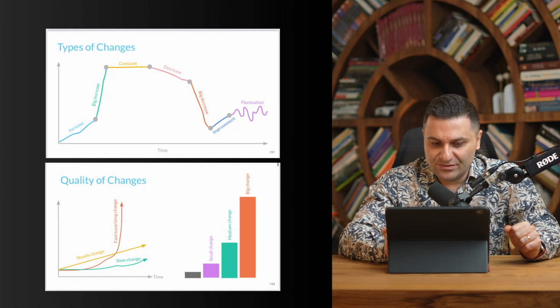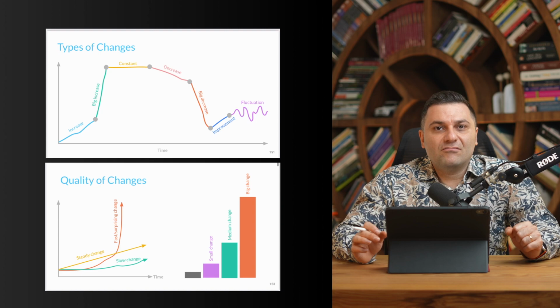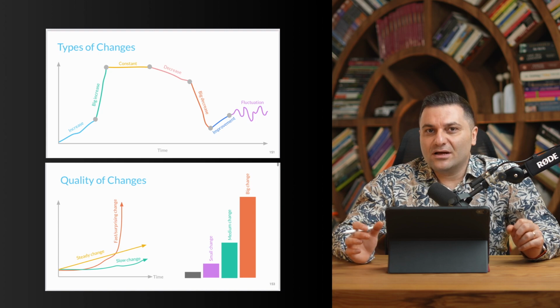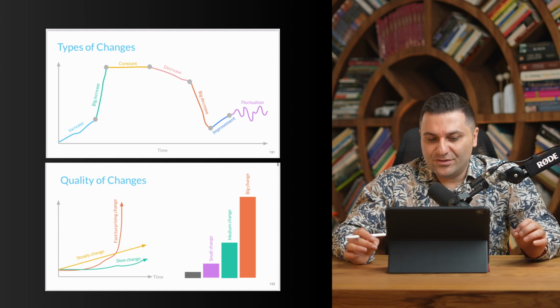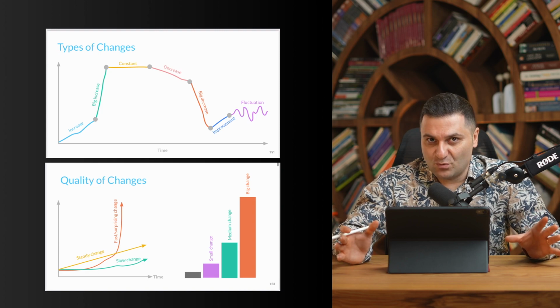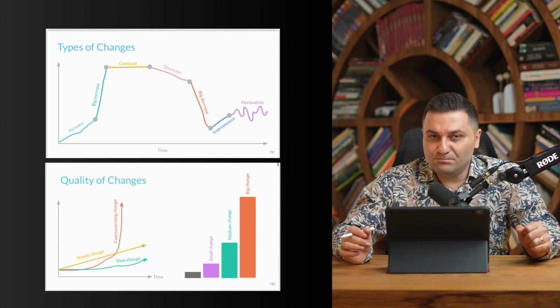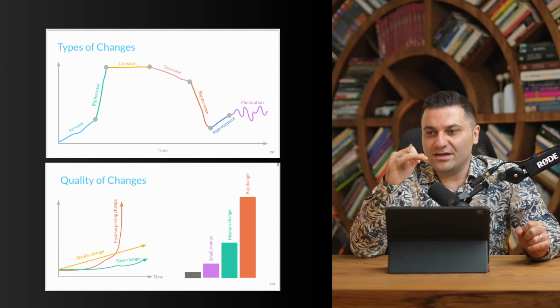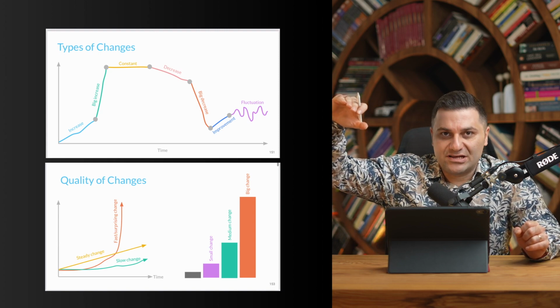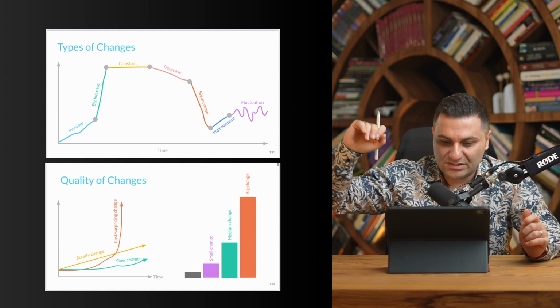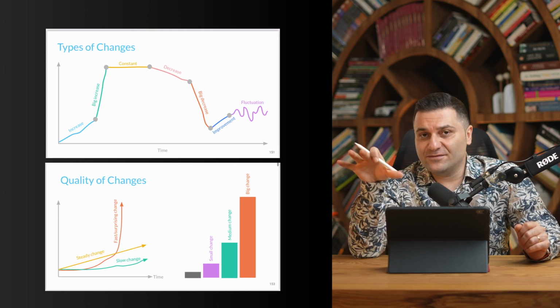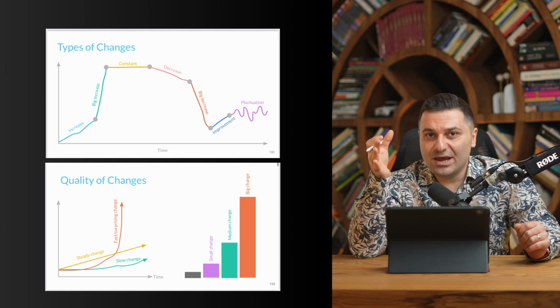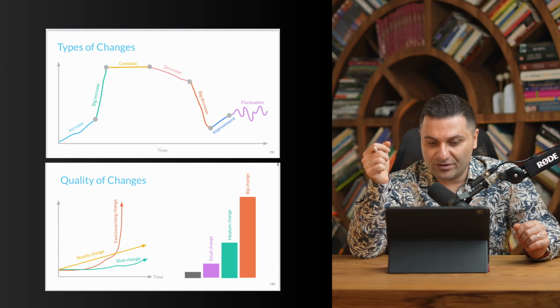So on your screen, as you can see, there is a simple graph with different types of changes. The first blue line is about increase, all right? So it is about increase. Then after that, there is a big increase, the green line, as you can see.